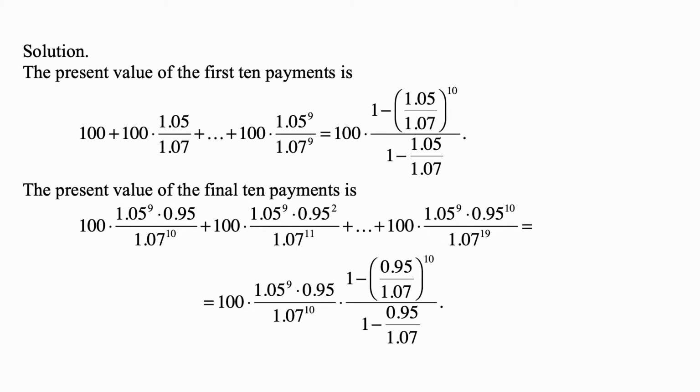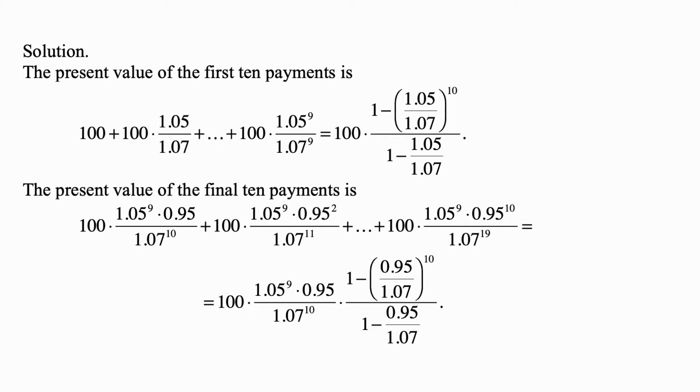Well, the present value of the first 10 payments is 100 plus 100 times 1.05, increased by 5%, but discounted at 7%, so divided by 1.07. Plus, then the next one will be 100 times 1.05 squared divided by 1.07 squared, because discounted over 2 years but increased twice by 5%, and so on.